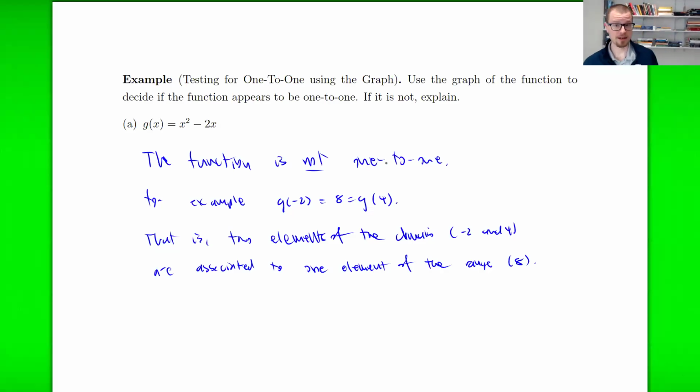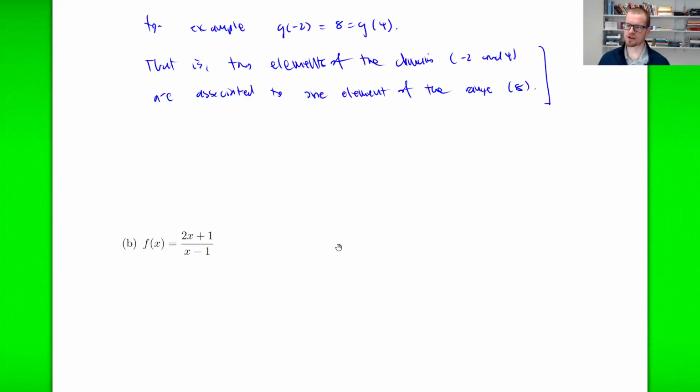So it's not one-to-one. I made my decision. I gave a brief justification, but I also referenced the definition of one-to-one just to be clear, right? This implicitly references the definition, but I did a little bit more explicitly here by writing it out.